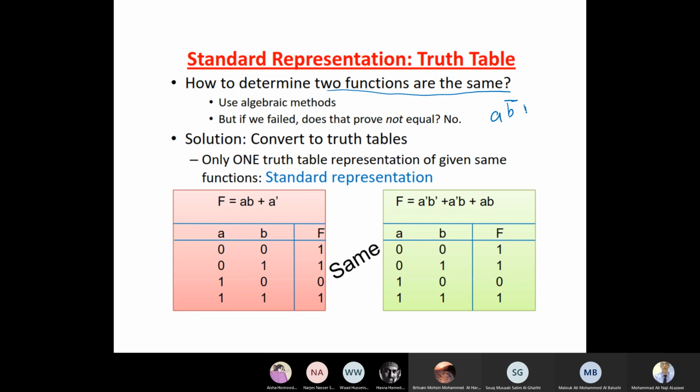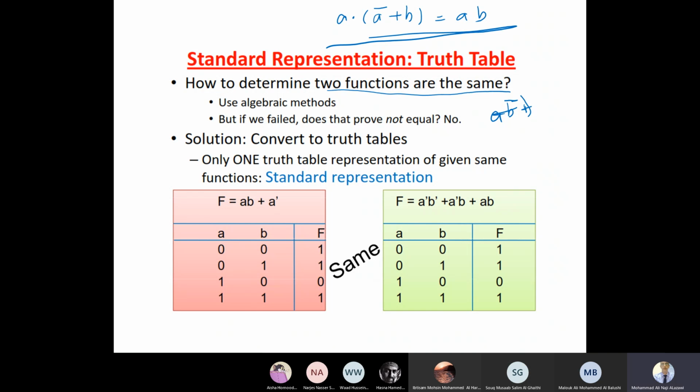Remember when I told you A B prime plus, or let's say, I'll try to give another example. A dot A prime plus B is equal to A B. How to prove this is true?